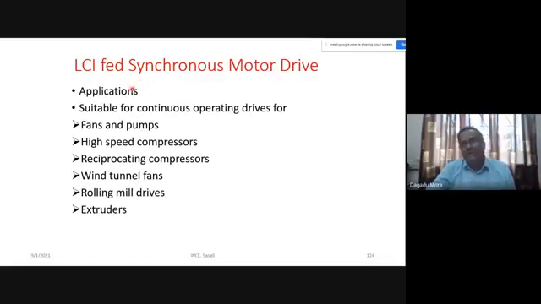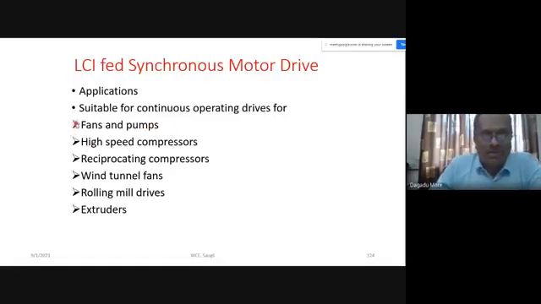Where are they used? In continuous operating drives, where we require continuous operation, and the applications are fans and pumps. What do we understand by fan and pump? Not the fan we use in our house.